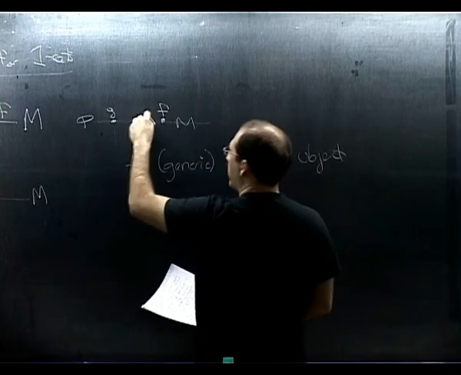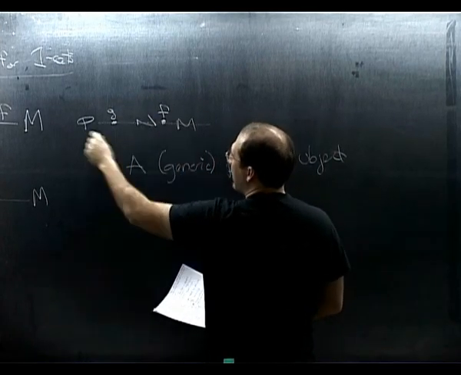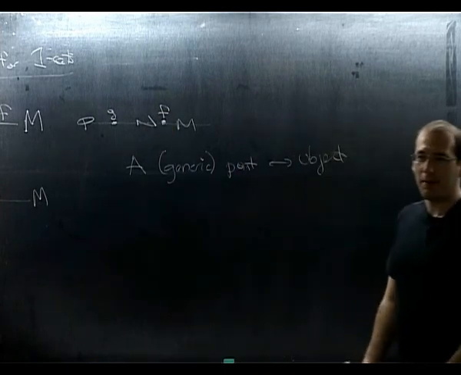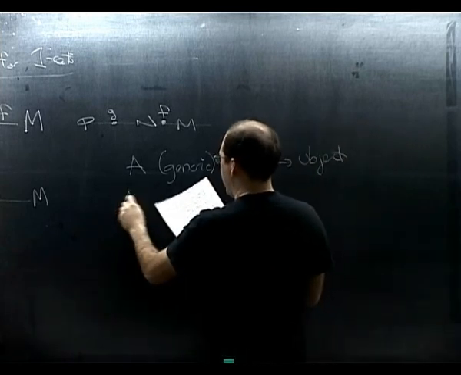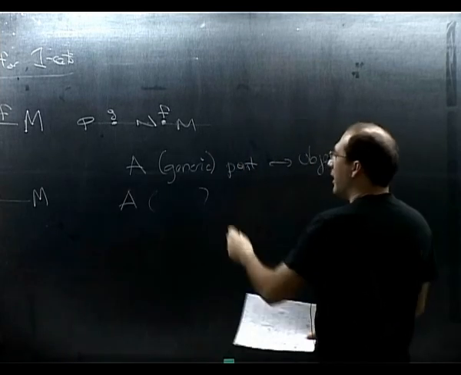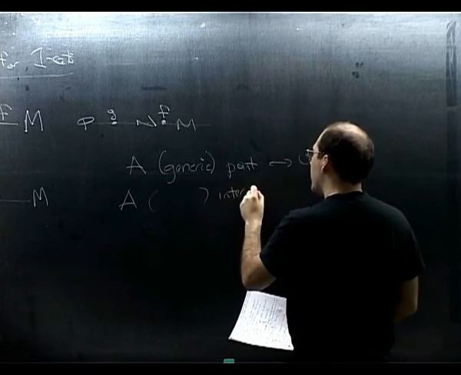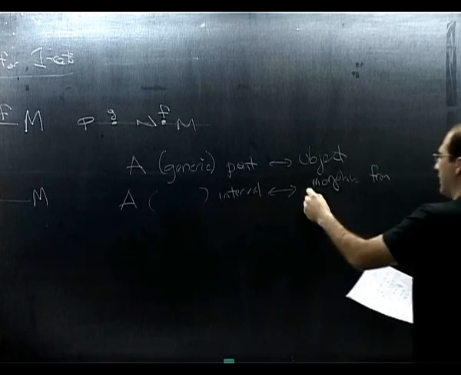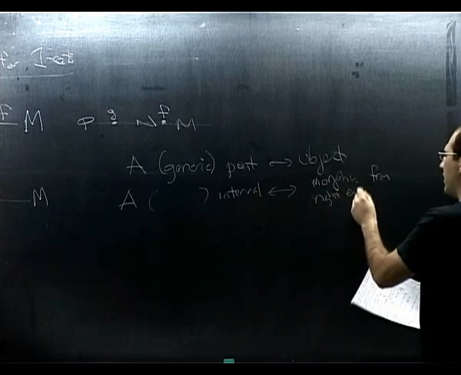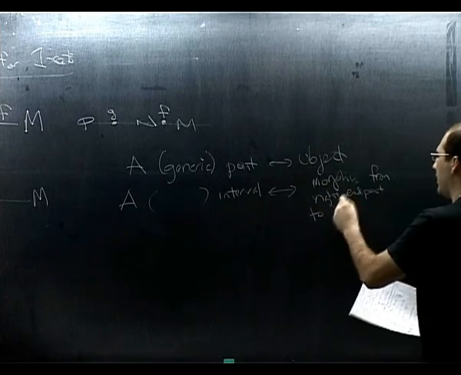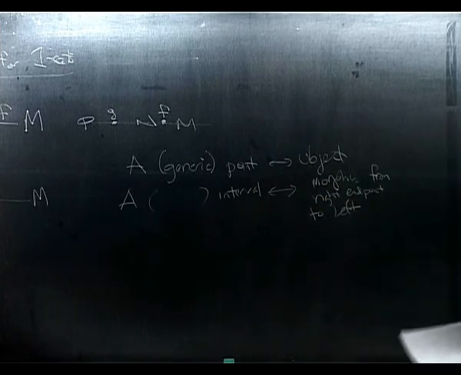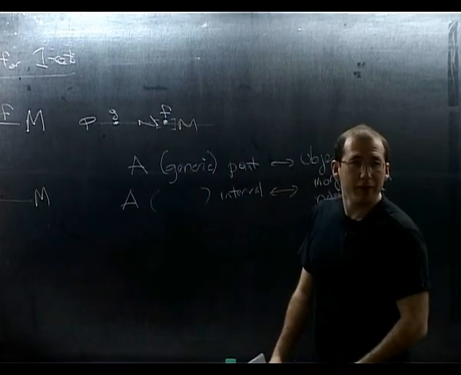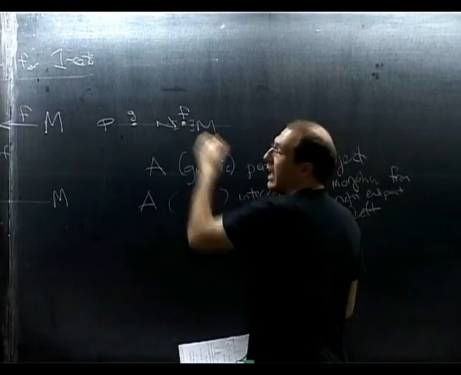If I just chose a point at random here, that's N, that's M, that's P. And a generic interval is a morphism from the right endpoint to the left endpoint. So for instance, this interval right here is the morphism F from the right endpoint M to the left endpoint N.